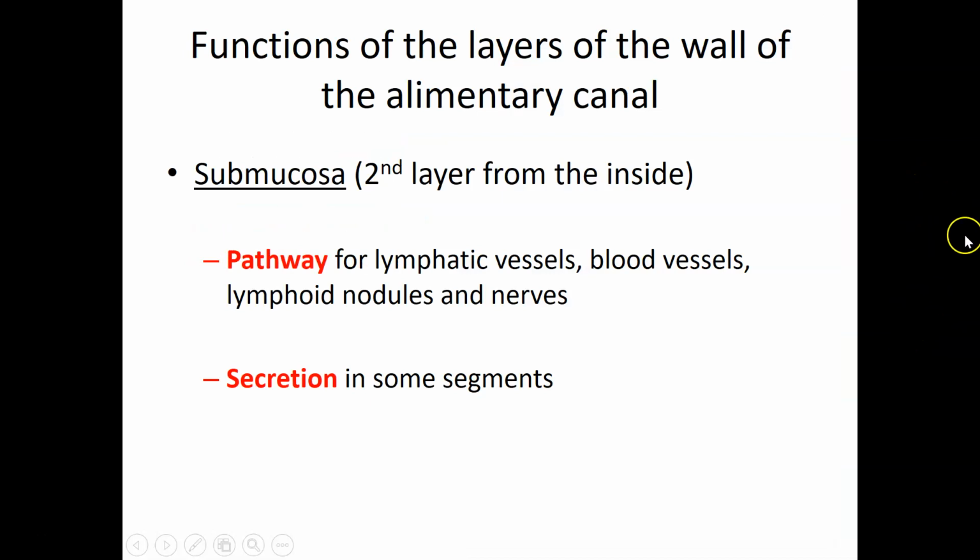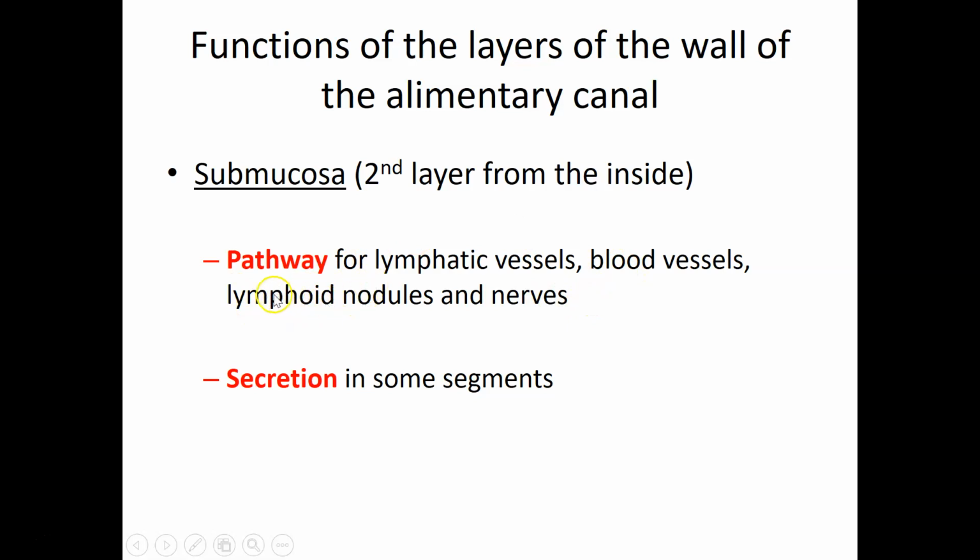Second layer, the submucosal layer. The main functions for this layer: it's a pathway for all kinds of substances coming through blood vessels or lymphatic vessels like the capillary that we just saw. That's how it reaches the mucosal layer. And also for nerve fibers and what are called lymphoid nodules.